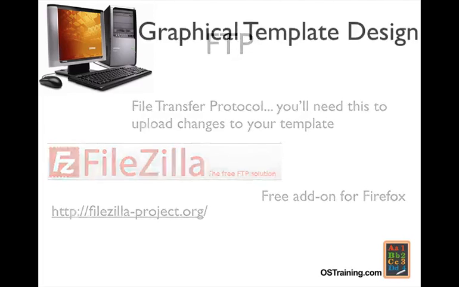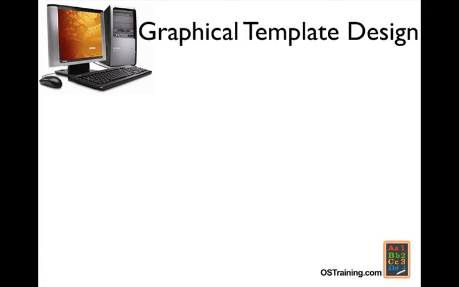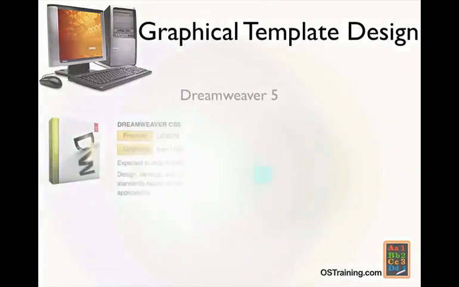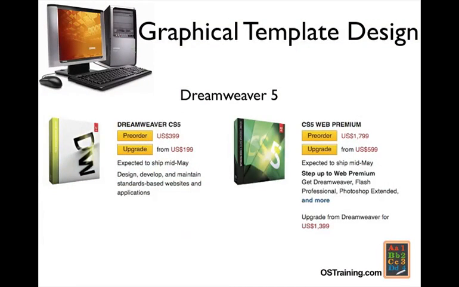But let's say you want the entire package, graphical template design, and you really don't want to have to type a lot. Well, the new Dreamweaver in CS5 is a fantastic option. A standalone version is $399, or you can upgrade for $199. And as I mentioned earlier, the CS5 Web Premium is $1,800, but if you own anything from CS to CS4, you can upgrade for $600.